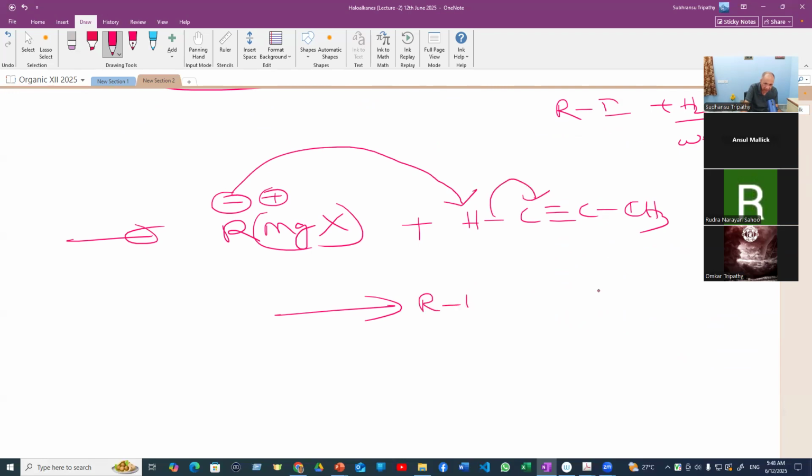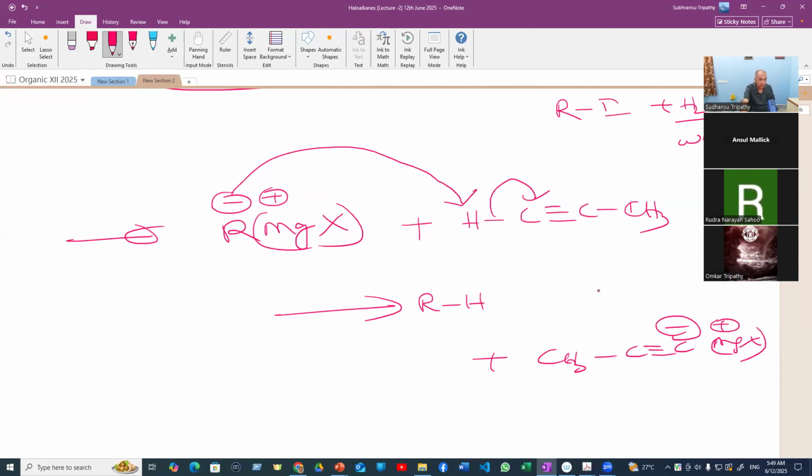So you get an alkane. We have studied this in the preparation of alkane from Grignard reagent, and there will be the alkynide C minus and MgBrX. This will remain as an intimate ion pair. That's okay. But is it feasible?